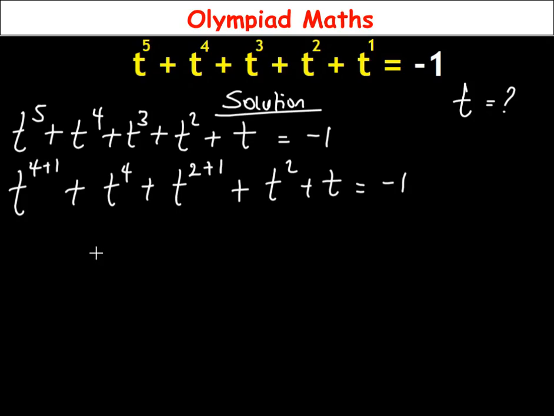At this junction, there's a rule that if you have a raised to the power n plus m, this equals a raised to the power n times a raised to the power m.